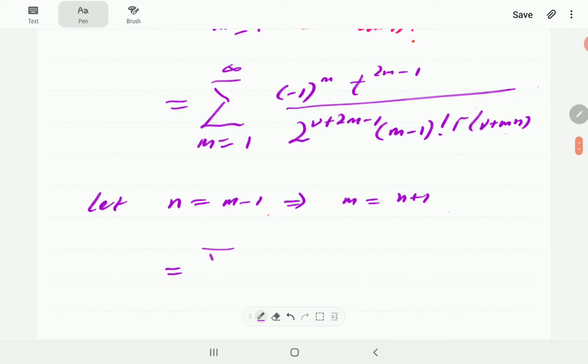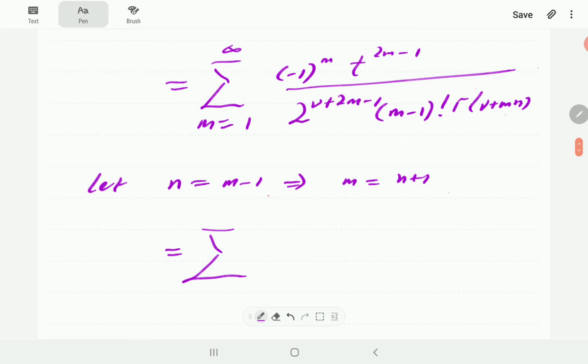So at the lower summation limit, when m is equal to 1, n is 0, because as m goes to infinity, n goes to infinity as well. This is now going to be negative 1 to the power n plus 1, and that's going to be t to the power 2m minus 1.